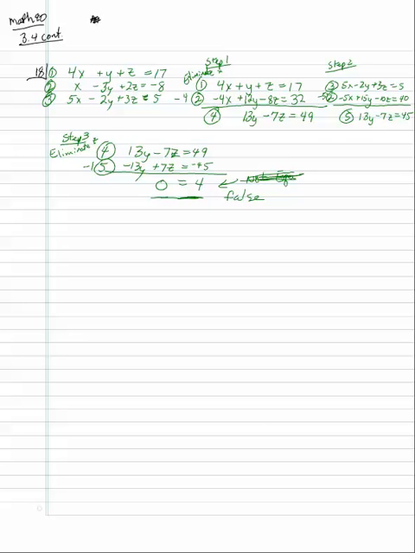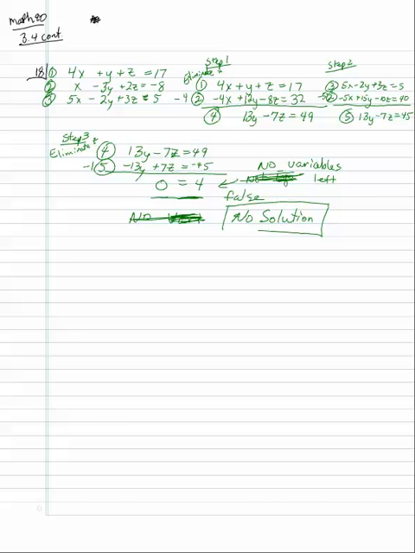No variables are in the equation. So you ask yourself, is it true or false? Well, this is false. It's always false. So just like we did with two variables, same thing here. No solution.